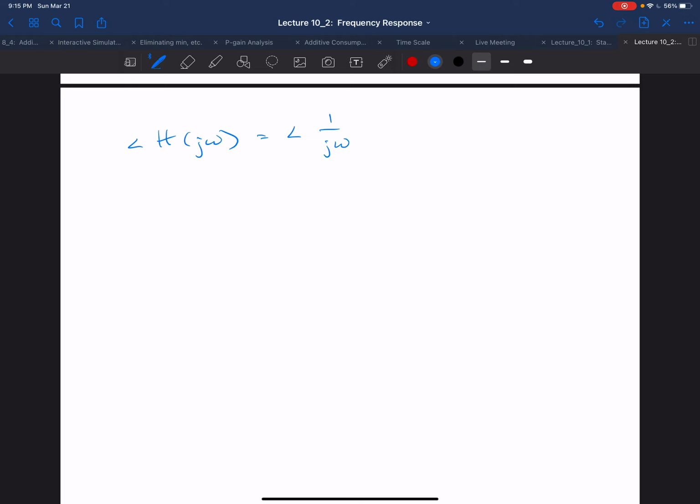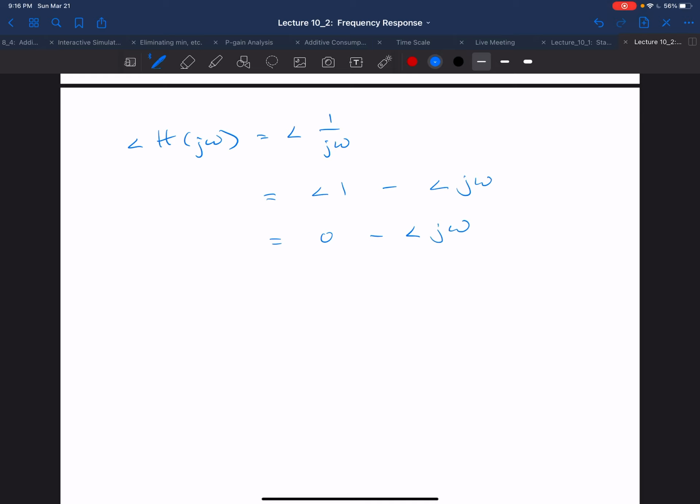You subtract them, as we saw by putting quantities into their polar form. So the angle of H of j omega will be the angle of 1, which is just 0, minus the angle of j omega.